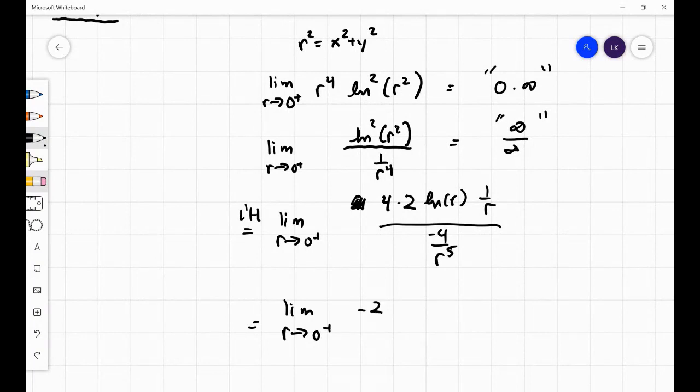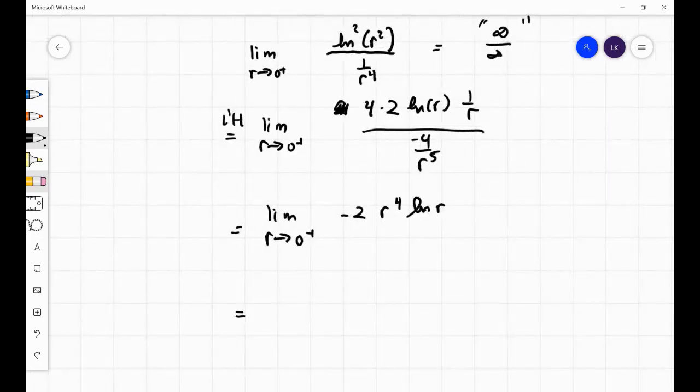We can simplify this, but again, we would get an indeterminate form. If you apply L'Hopital's just one more time, you would get 0.